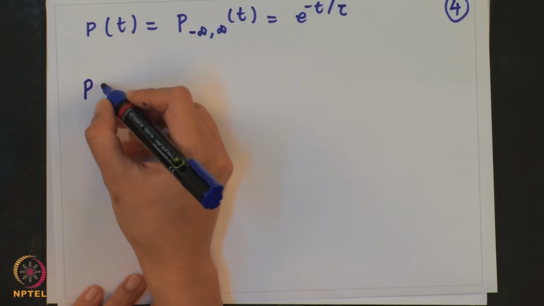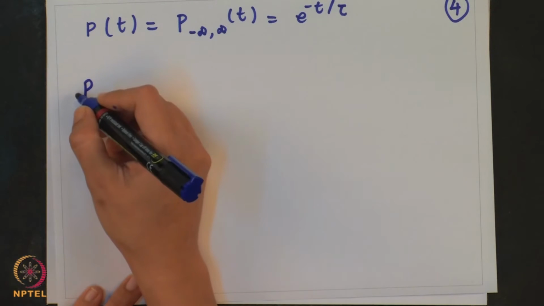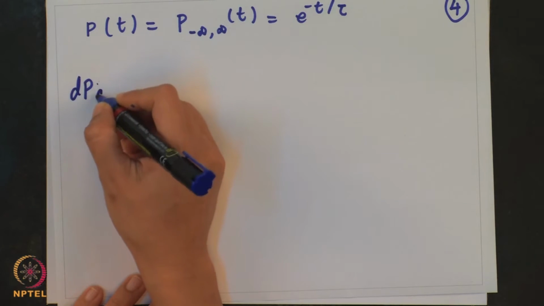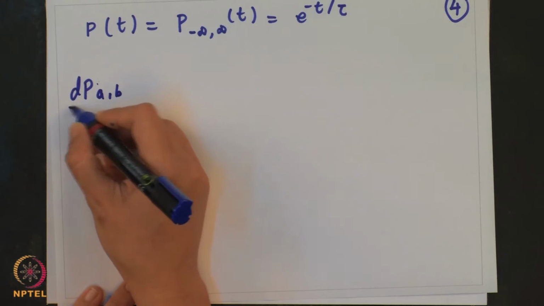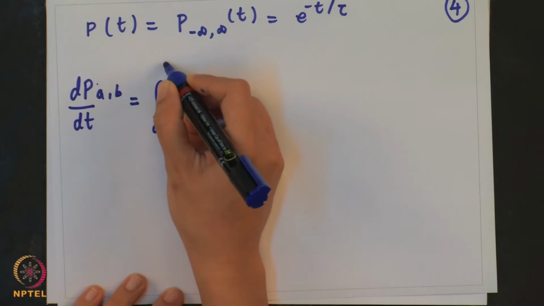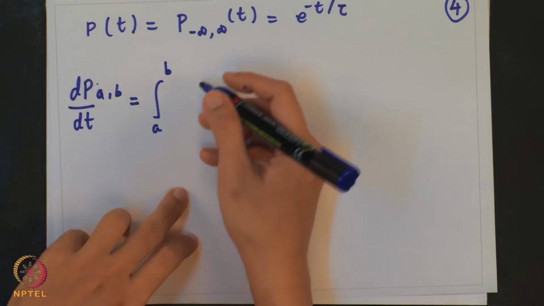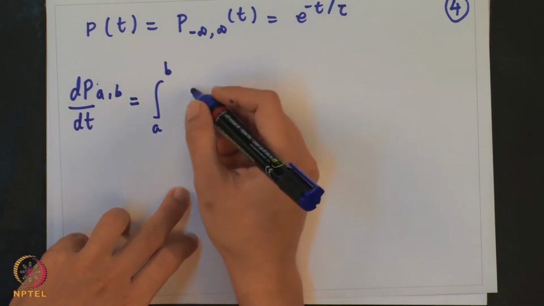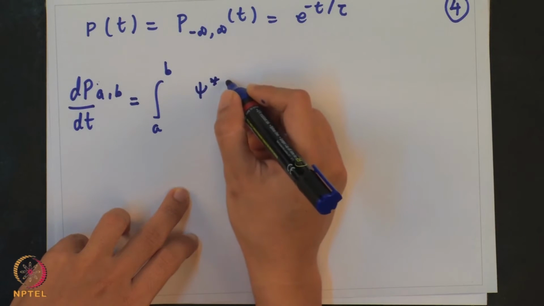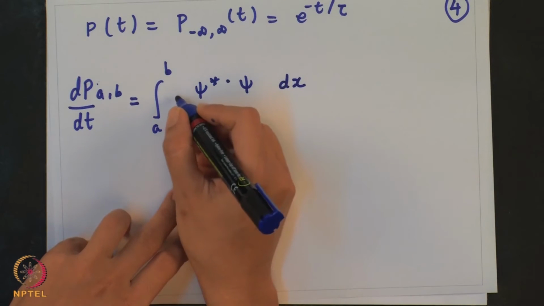Now the probability, given by the probability density which we calculated in the previous example, with t going from a to b, is psi star psi dx, and then I take the derivative.